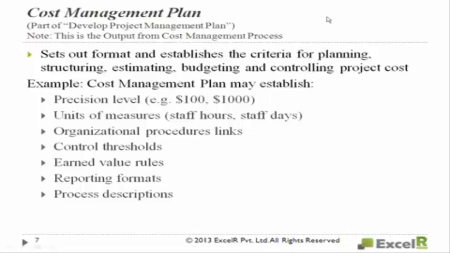You will have the control thresholds. How much variation of cost slippage is allowed? You have to spend 100 rupees, you have spent 101 rupees. It's okay. That is a permitted threshold. At 105 rupees, then you will pitch in.